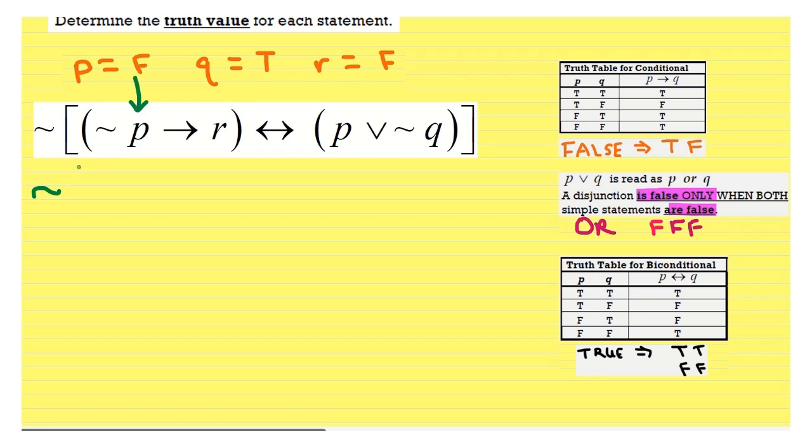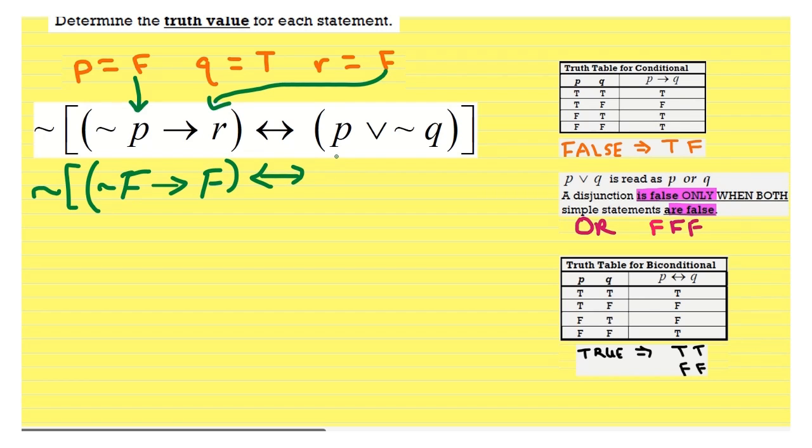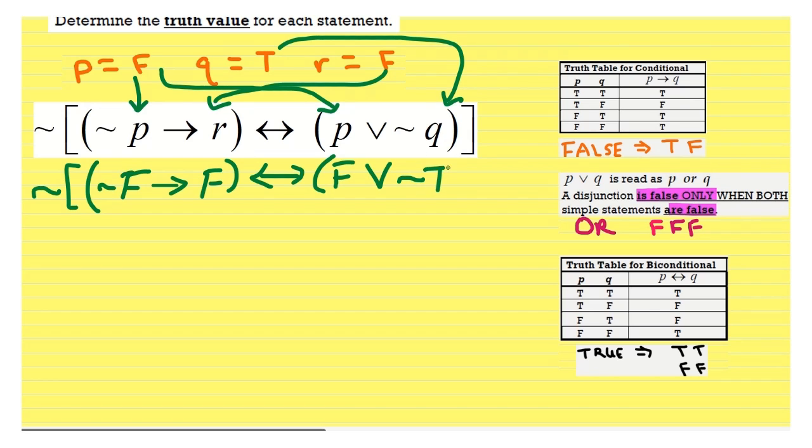So it's going to be not bracket, parentheses, not false, if then R value of F, close parentheses, if and only if, parentheses, P value of F, or not Q. And Q's truth value is true. Close parentheses, close bracket.